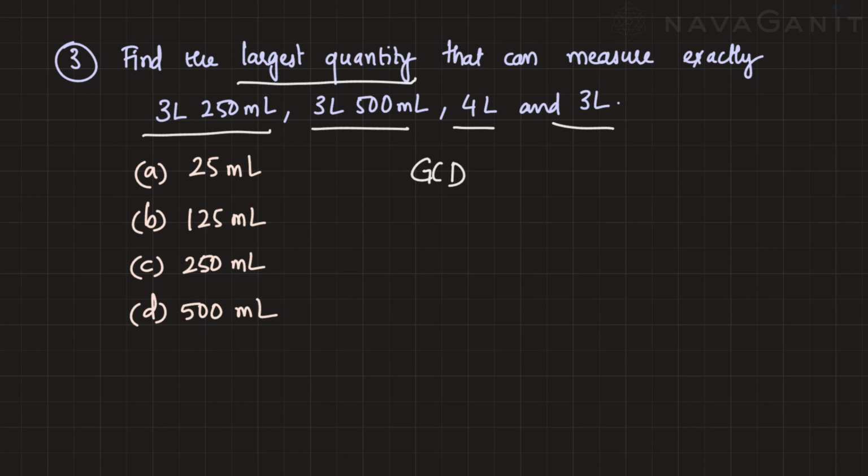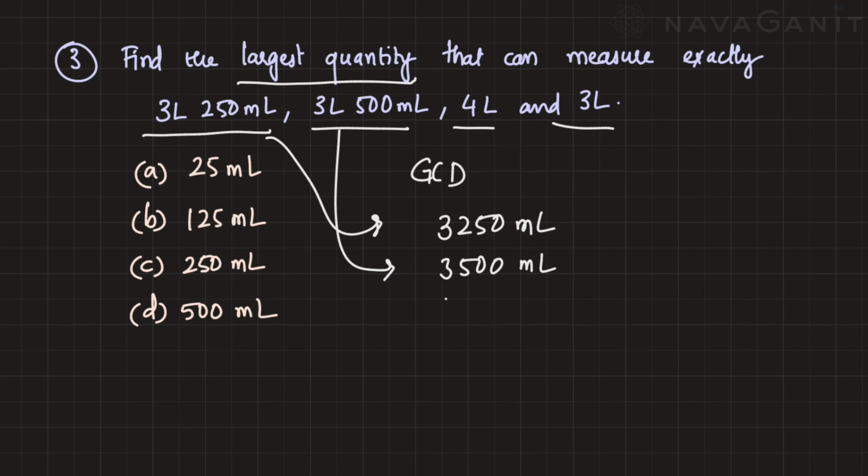So converting all the quantities into milliliters, this would be 3250 ml, this would be 3500 ml, 4 liter would be 4000 ml, and 3 liter would be 3000 ml.